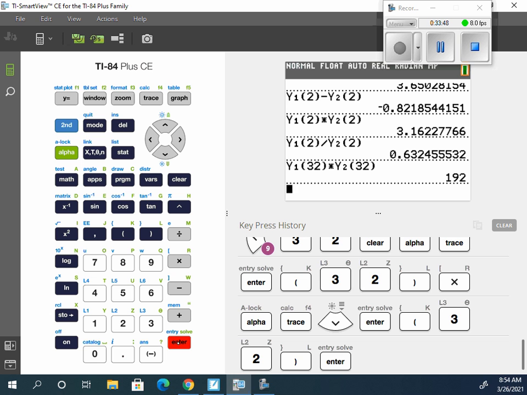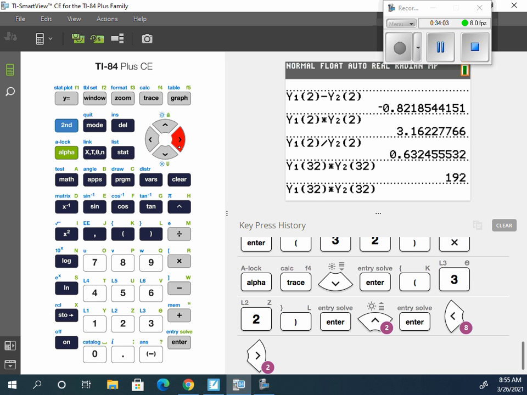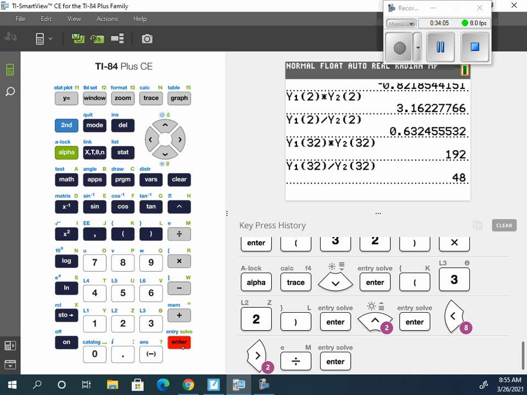Calculator tells us it's 192. And we divided, we got 48. Yes?